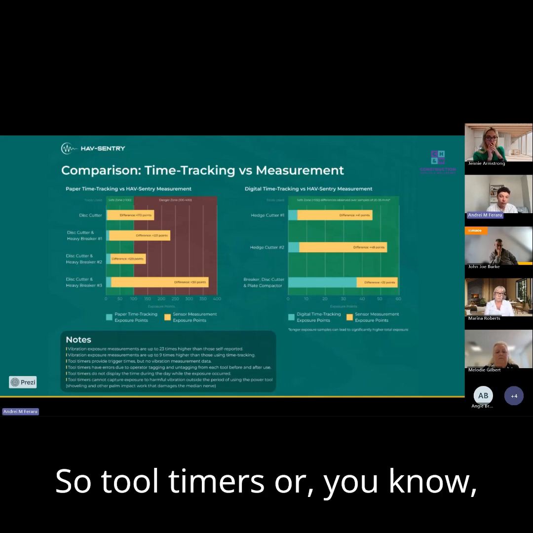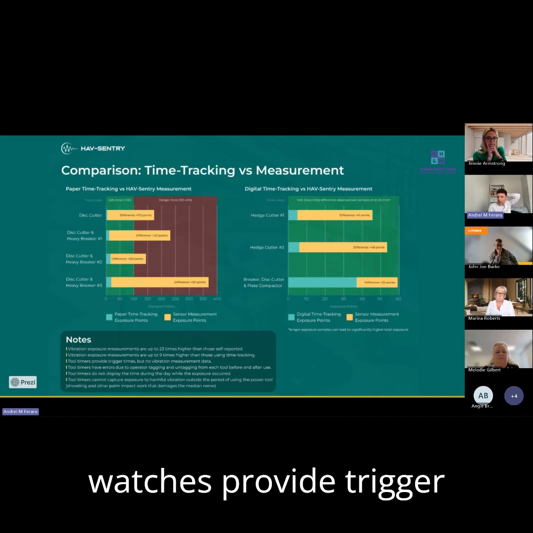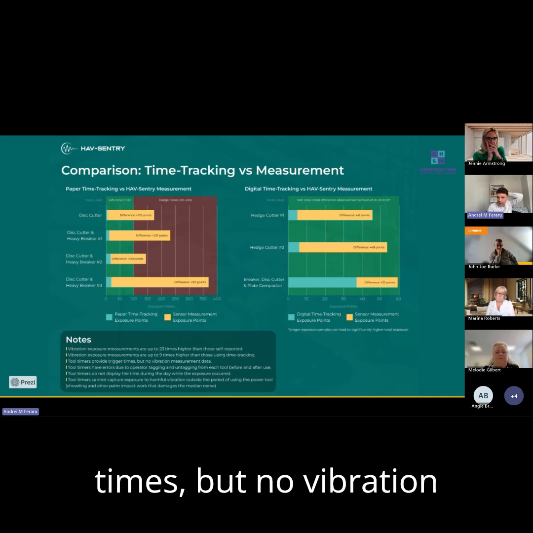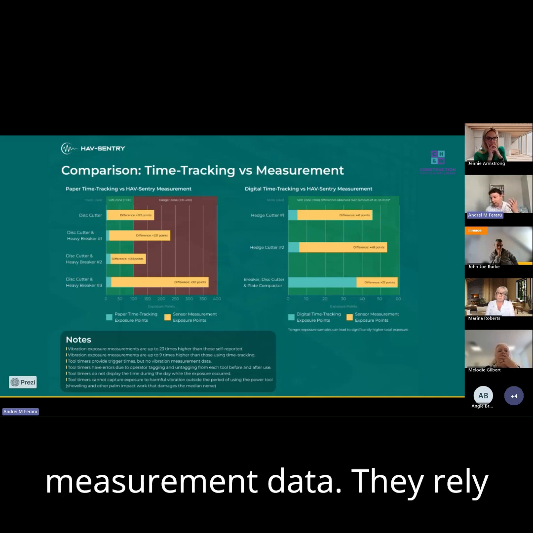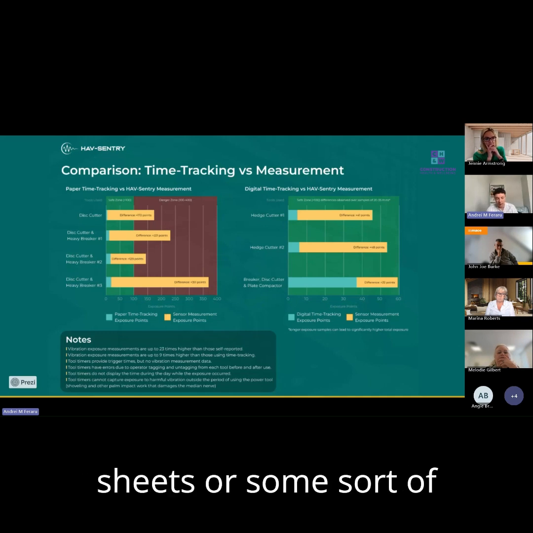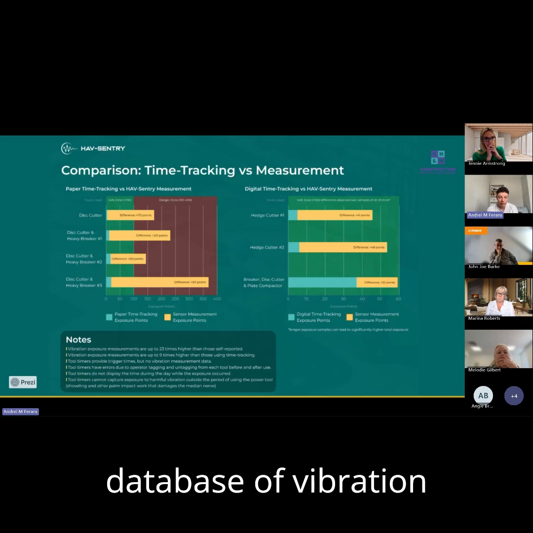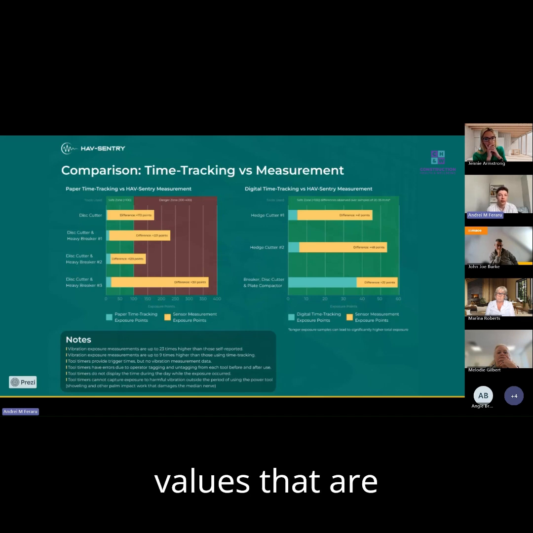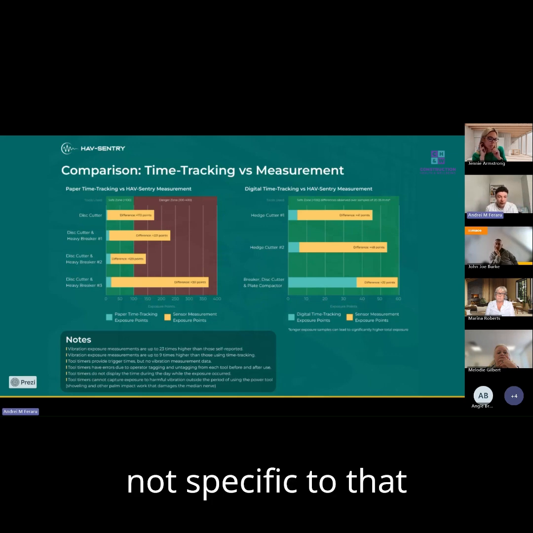So tool timers or watches provide trigger times, but no vibration measurement data. They rely on the tool manufacturer's datasheet or some sort of database of vibration values that are not specific to that individual or that process.